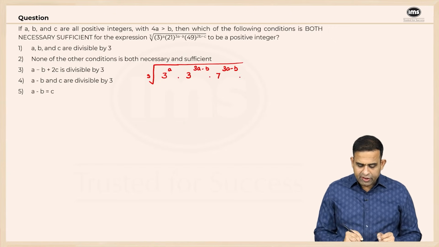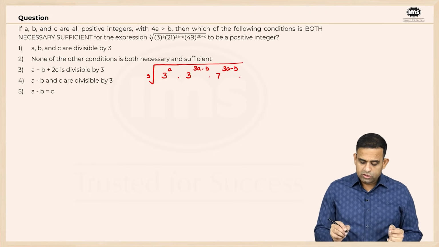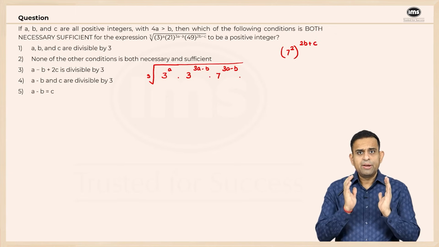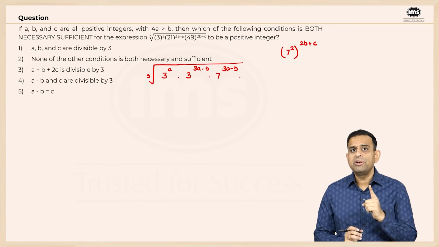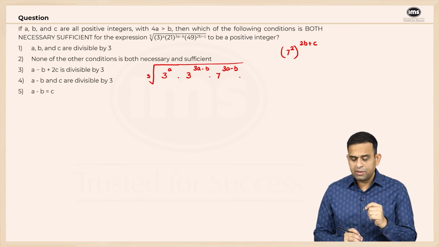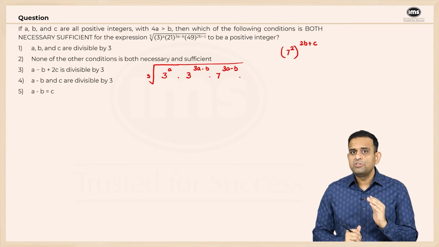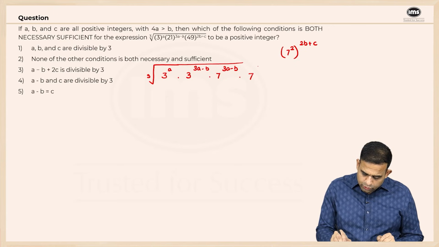And then finally, the last term, 49, is 7 square. So that will become 7 square raised to 2b plus c, and we know that (a power m) whole raised to n will be equal to a raised to m times n. So here the 2 will get multiplied with 2b plus c, giving you 7 raised to 4b plus 2c.